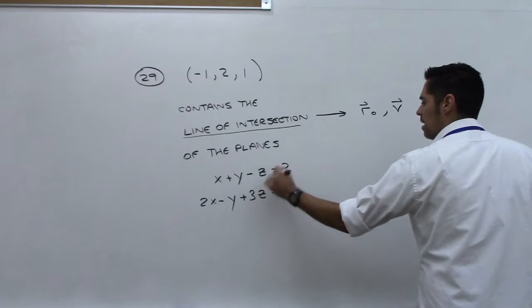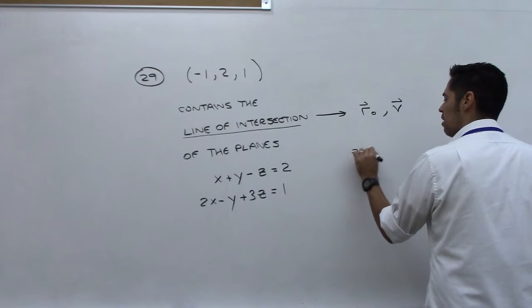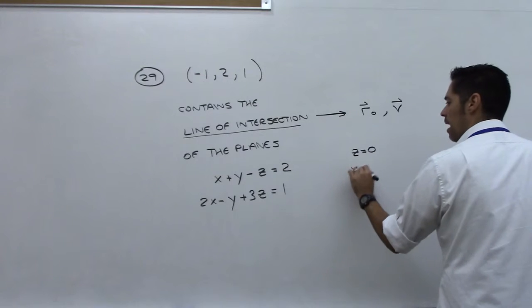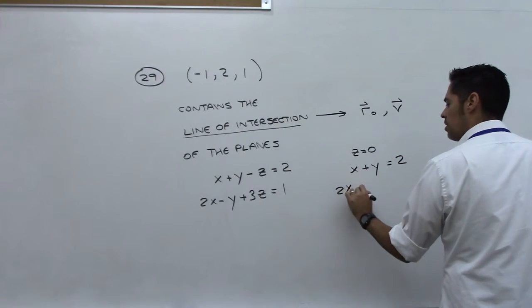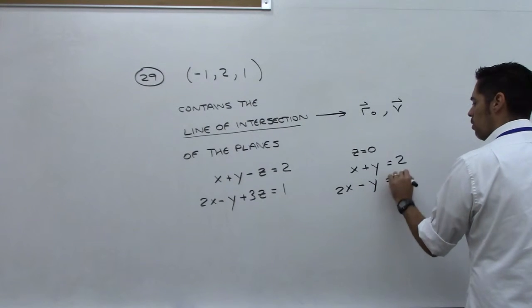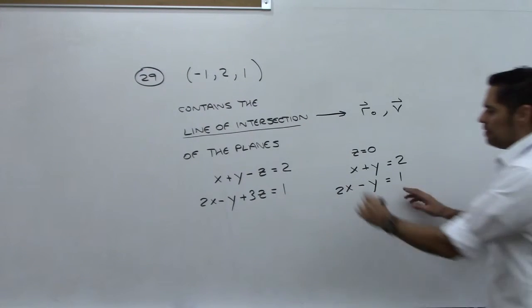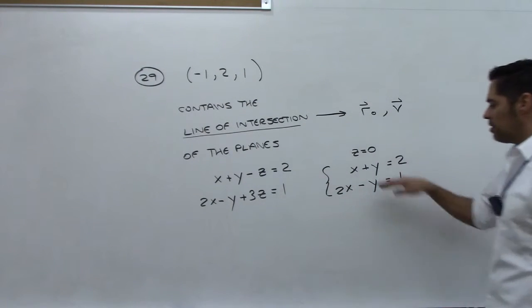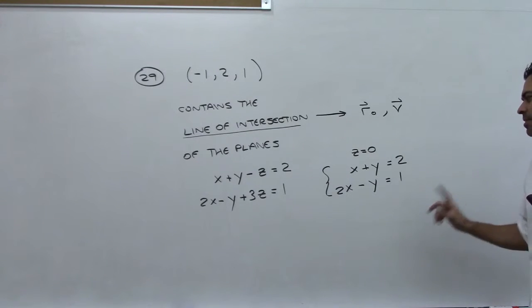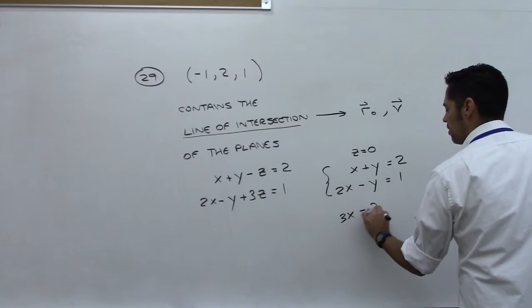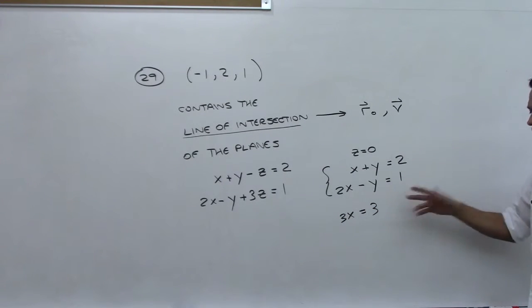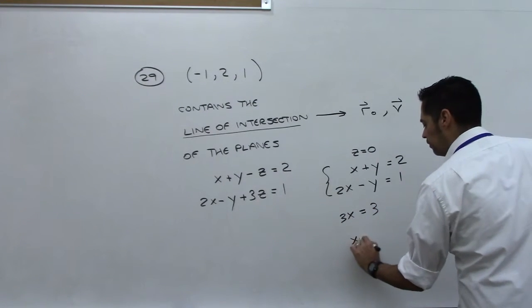What I'm going to do is I'm going to take these two equations, I'm going to let z be 0, and I'm going to write out what I would have. X plus y equals 2, and 2x minus y would equal 1. And then I'm going to solve this system of equations for x and y. And this is going to be nice because if we just add down right now, we get 3x equals 3. Look at that. 3x is 3. Perfect. X is 1.